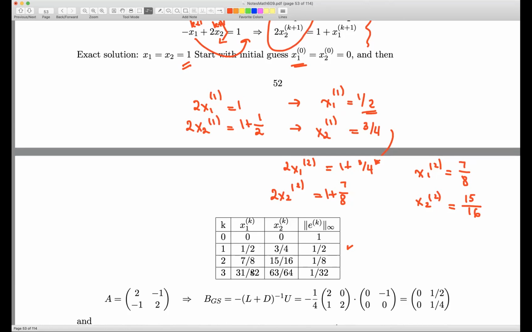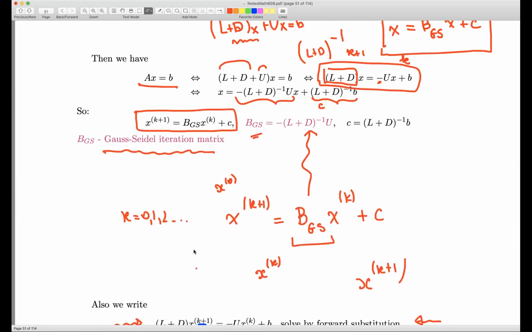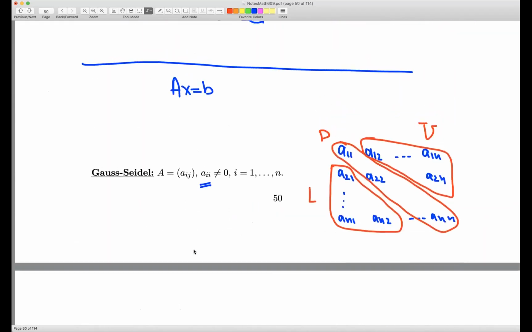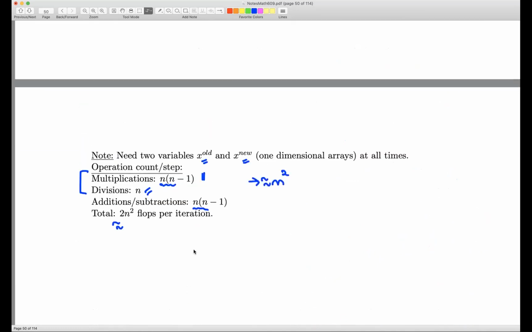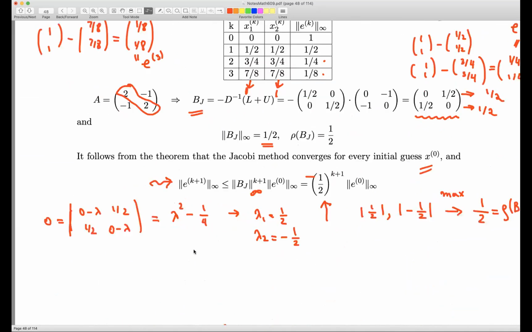If you compare this table with the table before, you will see that the first component here will converge to 1, and the second component here will converge to 1, which are the first and second components of the exact solution. And this convergence is faster than the convergence in the Jacobi. If you go back to the same table for the Jacobi method, you will see that the convergence is slower.